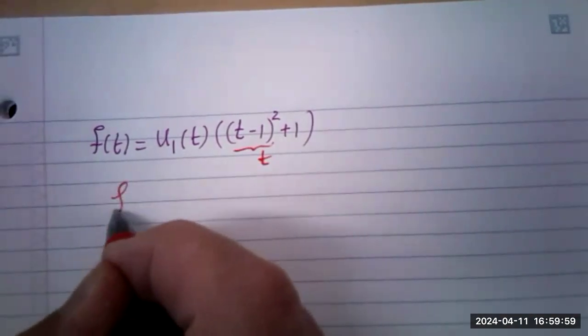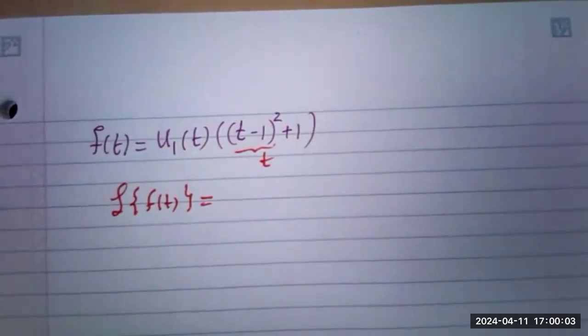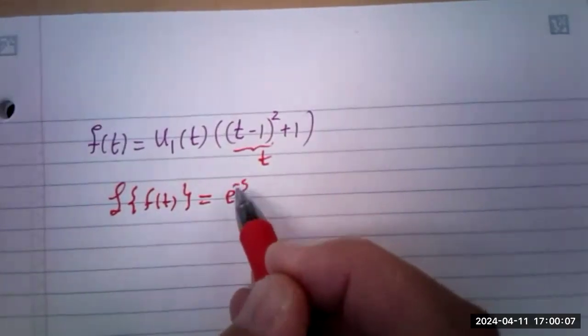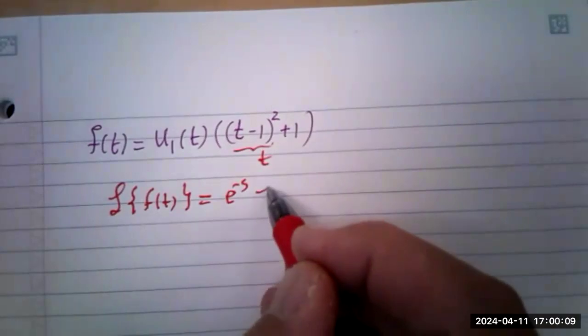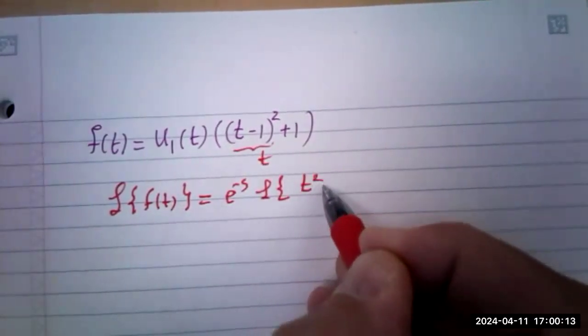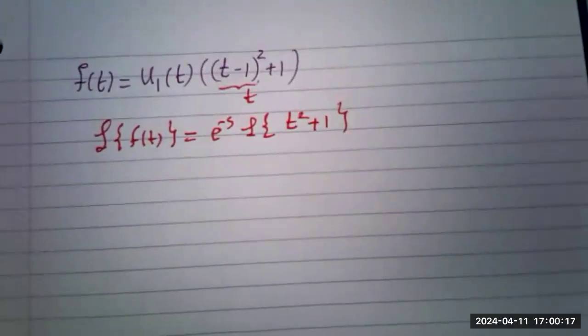So the Laplace of f of t, but because of the u1, it's e to the negative s times the Laplace of the function. The function is t squared plus 1, because you shifted into the t minus 1. Okay, t minus 1 is a name, drop it down, call it z. So the function is z squared plus 1.